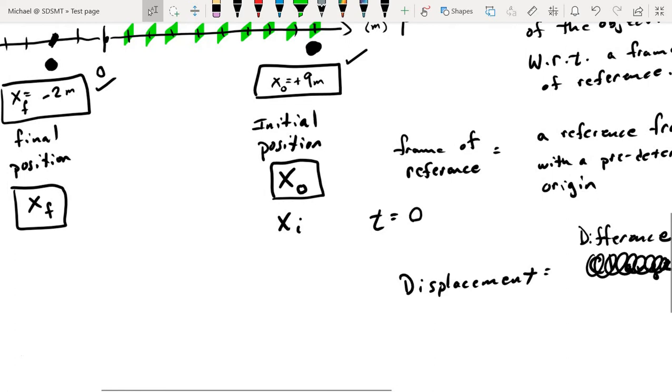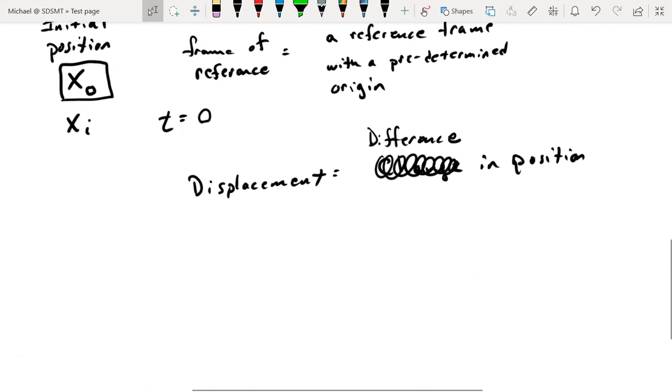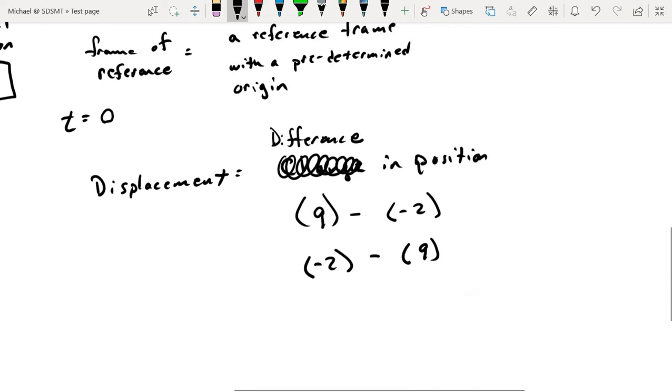Now I have two values. I have a 9 and a -2. And unfortunately, subtraction is not a commutative expression. I can't just flip around the values and take the subtraction in any manner that I want, because I'm going to get two different outcomes.